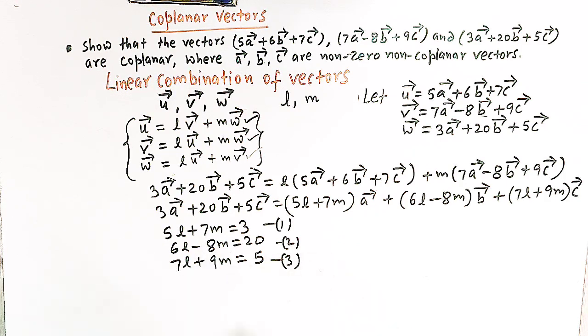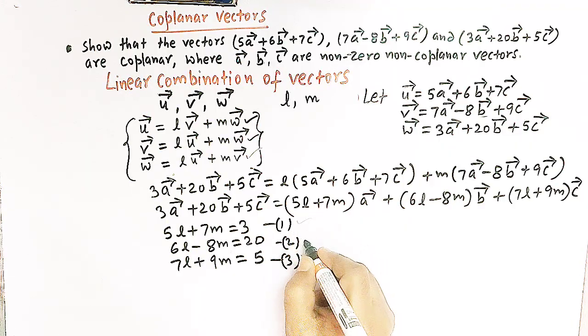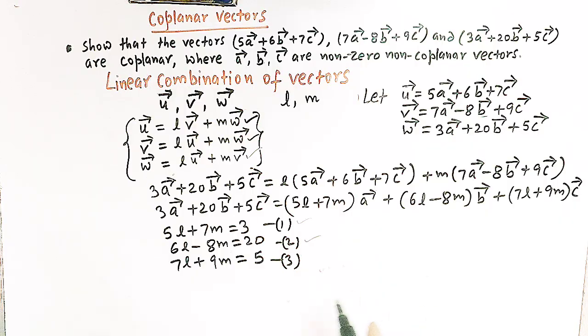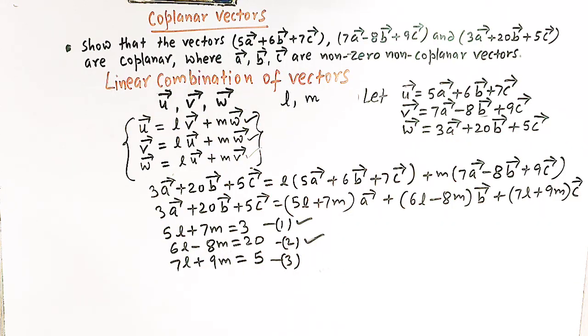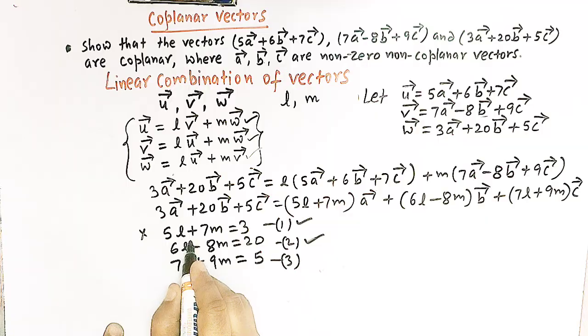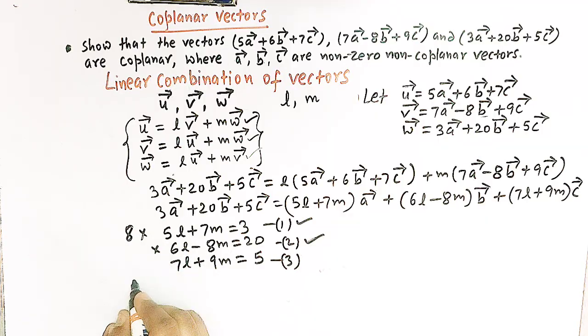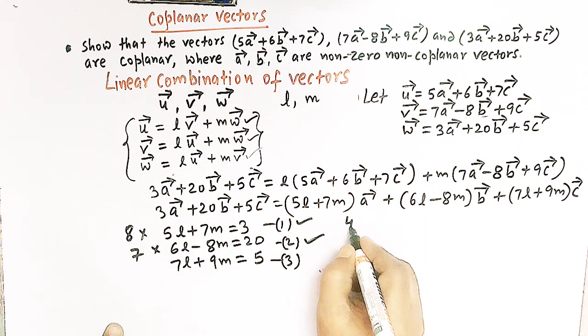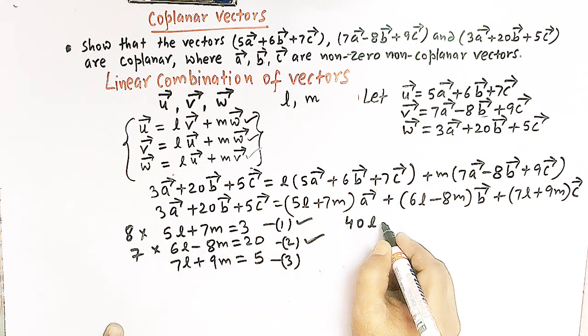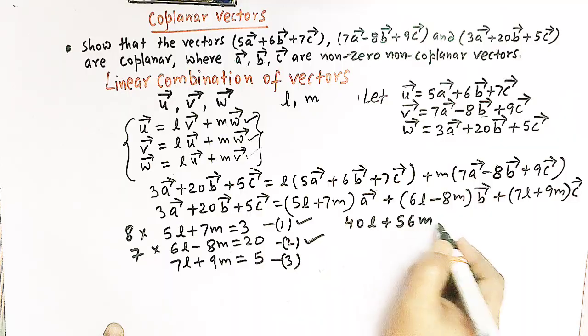So following the same steps, we can now solve equation 1 and equation 2 by eliminating this variable M. So multiplying this equation by 8 and this equation by 7, we have now here 40L plus 56M is equal to 24.